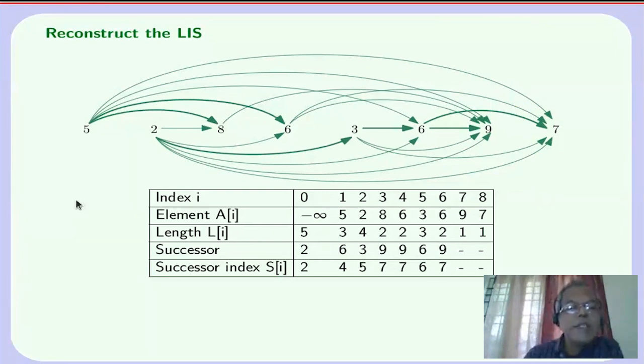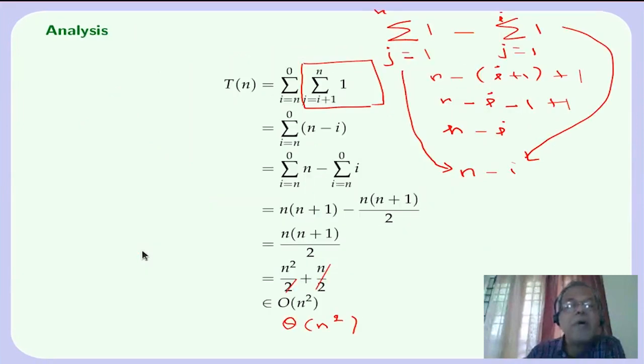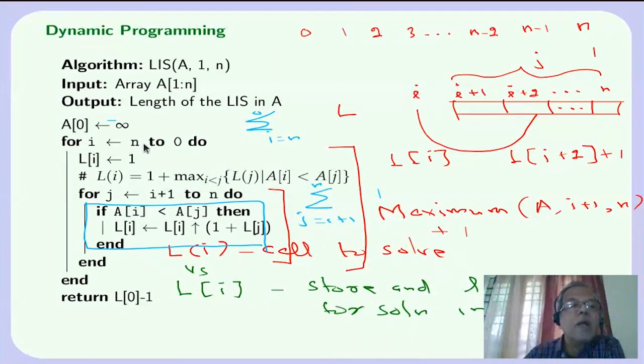In addition to maintaining a length array, we should also maintain a successor array. As we are calculating the length of the LIS starting at I, we should also calculate what the successor for I is.